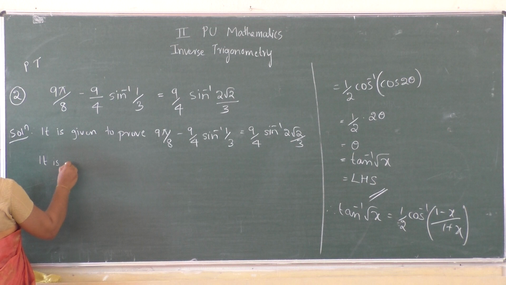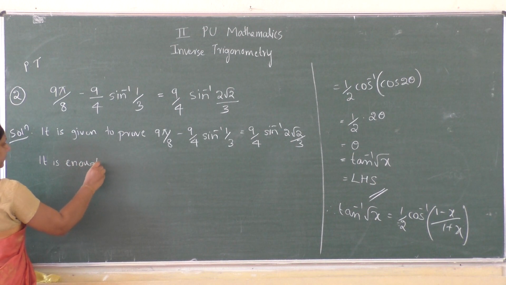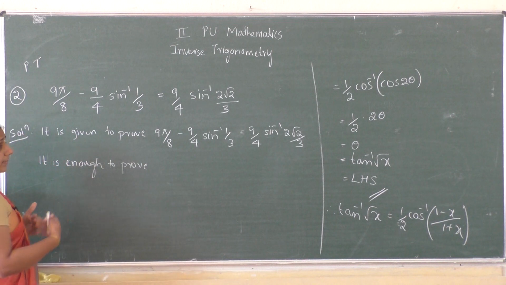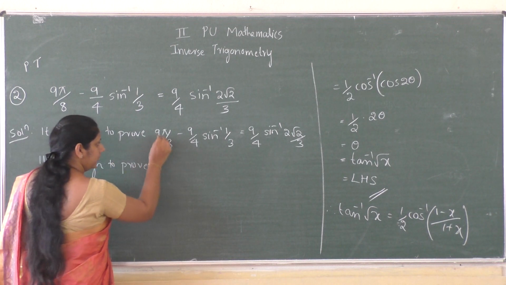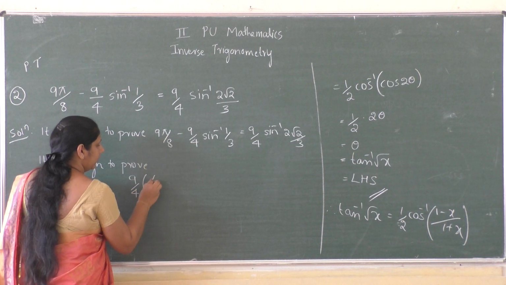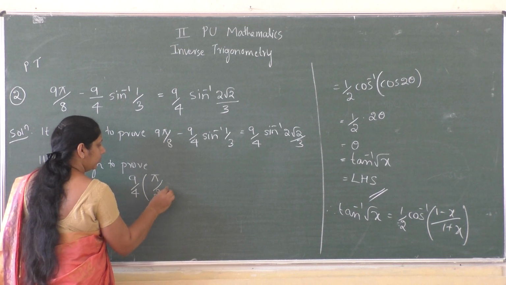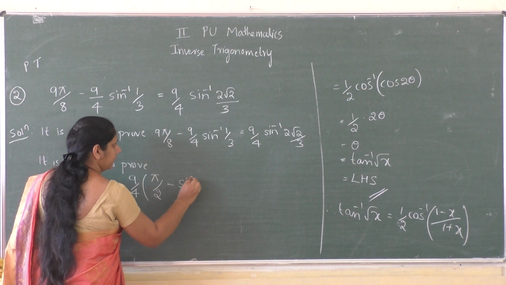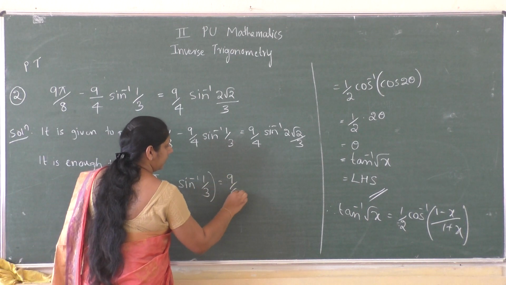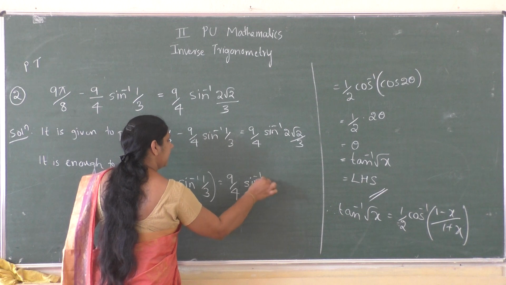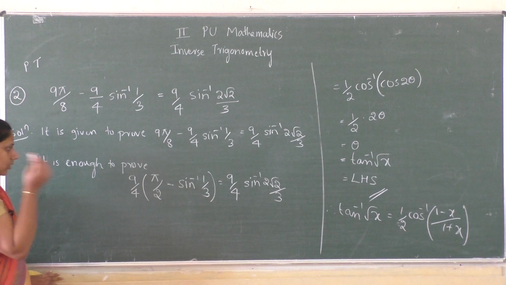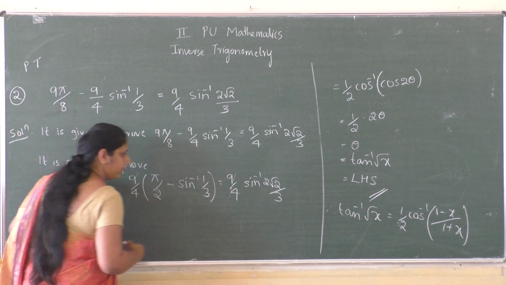It is enough to prove, if I take 9 by 4 common outside, what is the remaining term? Pi by 2 minus sin inverse 1 by 3, which is equal to sin inverse 2 root 2 by 3. So here you can cancel 9 by 4.